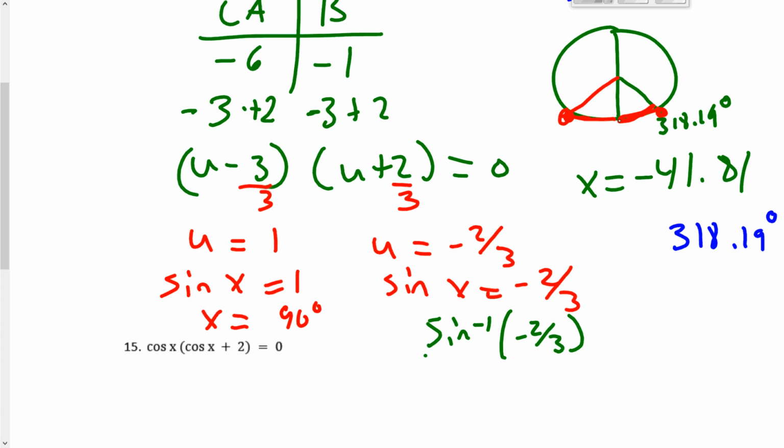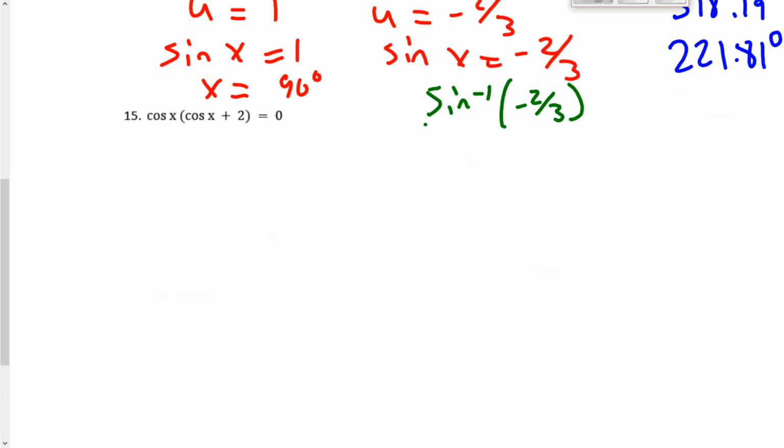So this distance from here to here is 48.19, and then we take that away from 270, we get our second answer, which is this one over here, 221.81 degrees. So those are our answers that give us a sine of negative 2/3.